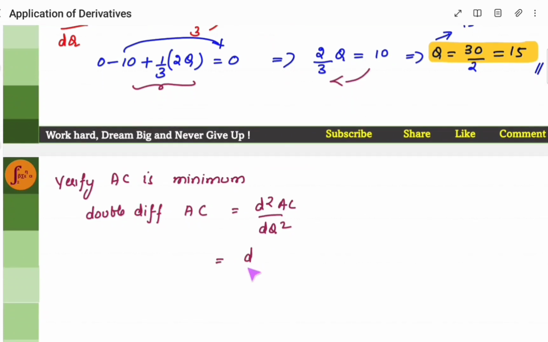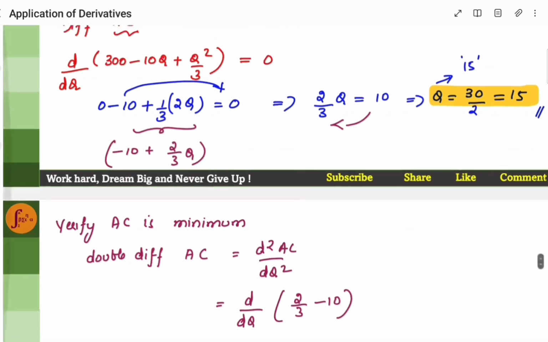This is nothing but d by dq of the first order derivative. Remember this, 2 by 3 q minus 10. This is nothing but minus 10 plus 2 by 3 q, right? Ignore the equal to 0. Just take the derivative of this expression.